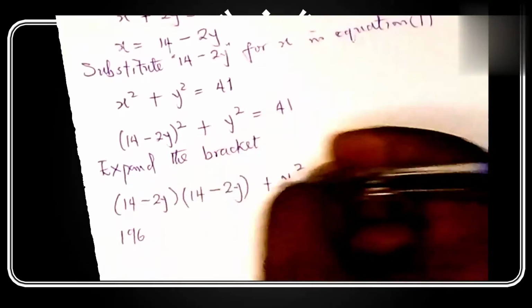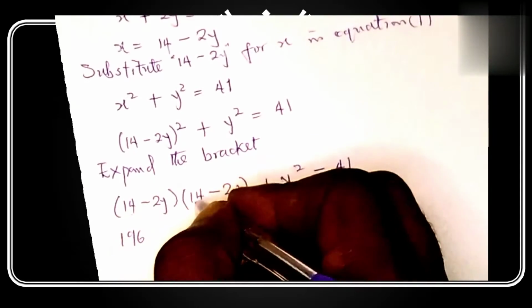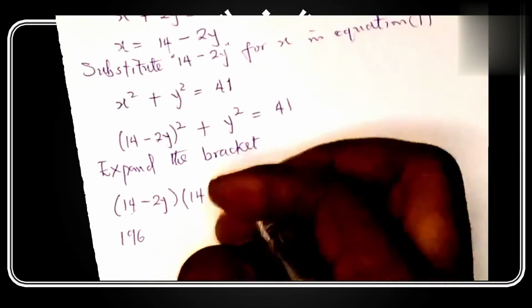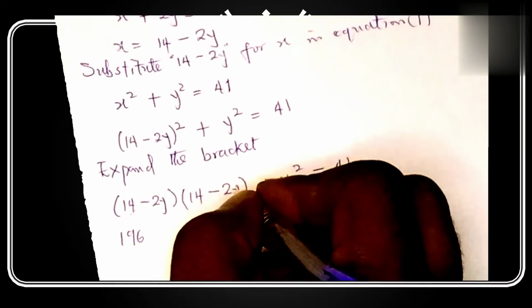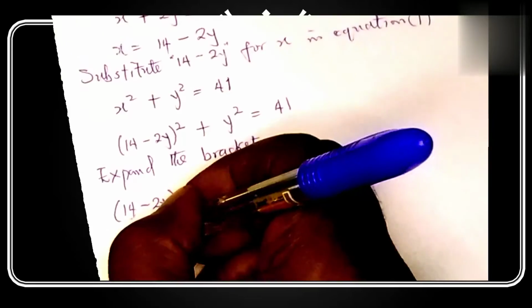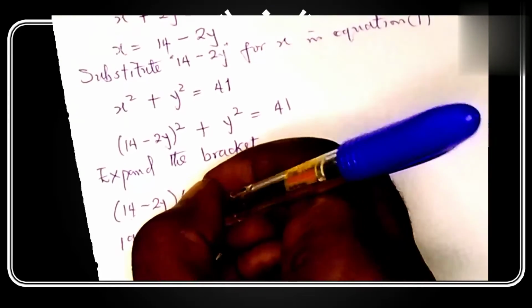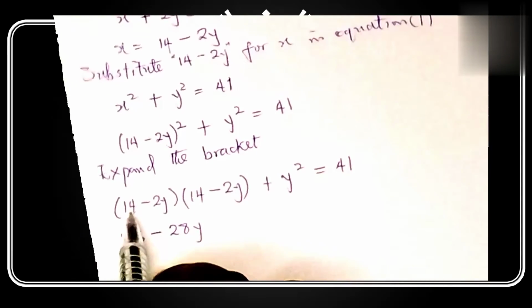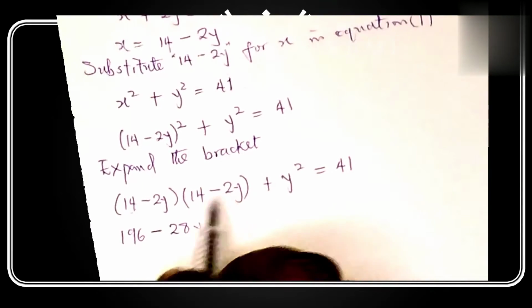You can use your calculator to find that one. Then 14 times minus 2y will give us minus 28y. Now, we are through with the first 14 and the second whole bracket.